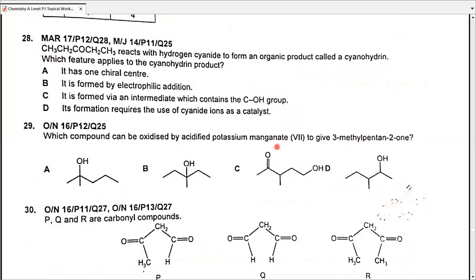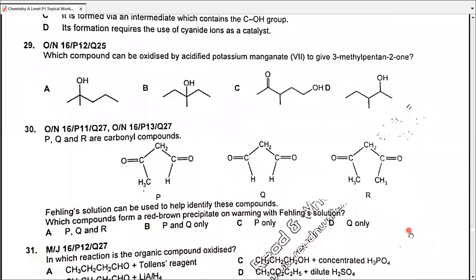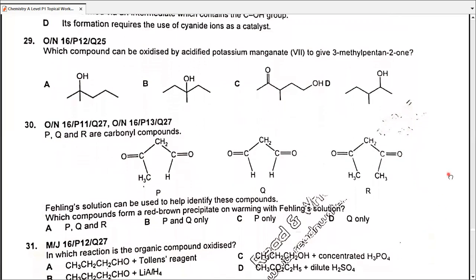Delta. Good. Moving on, 29. Delta again. Can you tell me why? We need a ketone.